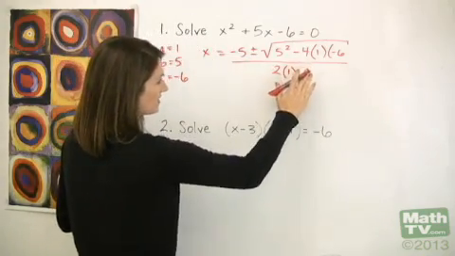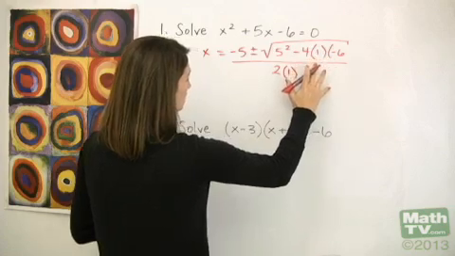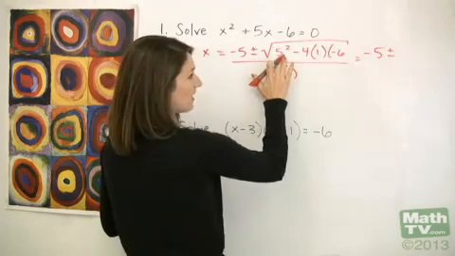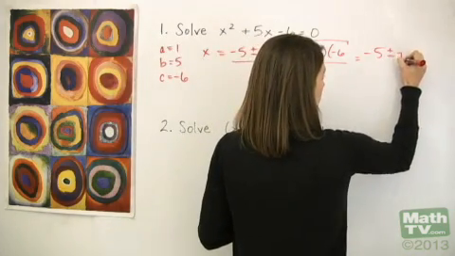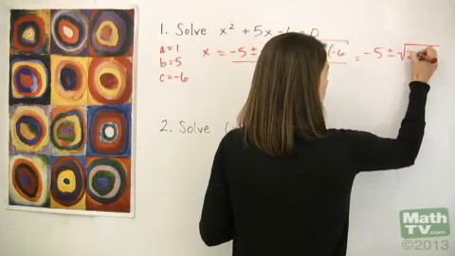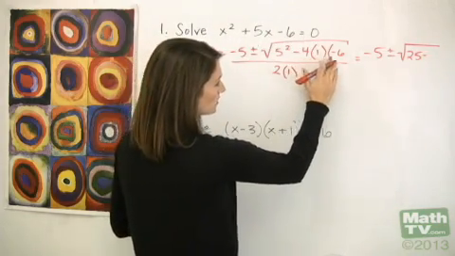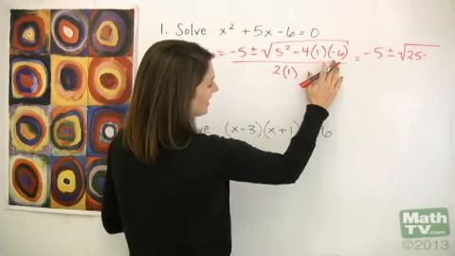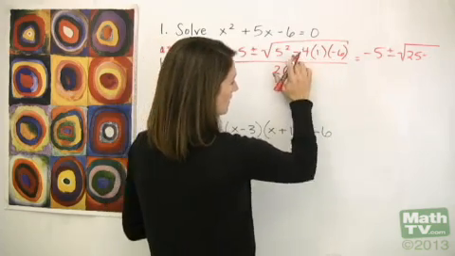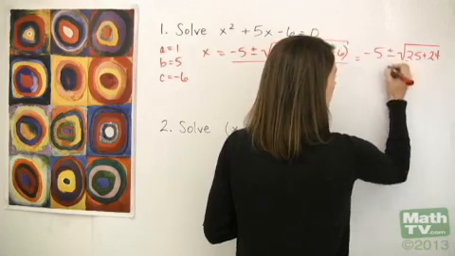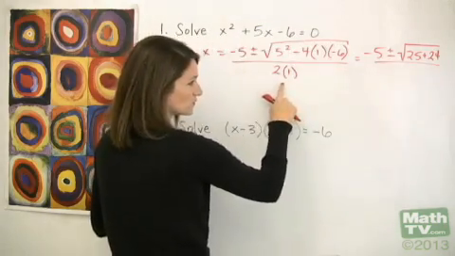So if we simplify this, let's work under our radical sign first. 5 squared is 25, and then 4 times 1 is 4, times negative 6 is negative 24. And we're subtracting that, so let's add 24, and that's over 2 times 1, which is 2.